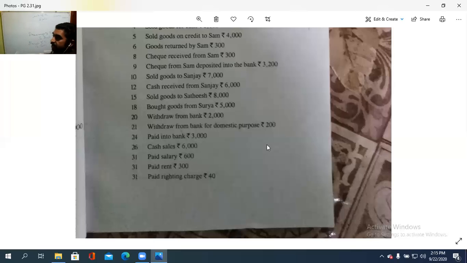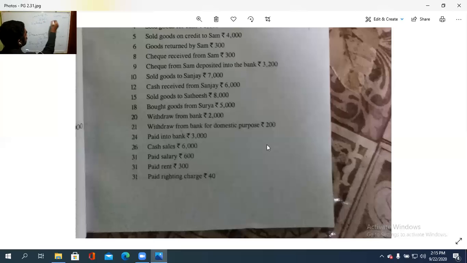Because for the same credit there will be 3 debits, as 3 expenses are there, and what is there in the double entry system? For every debit there will be a corresponding credit, isn't it? So salary paid, rent paid, and writing charges paid are all through cash. So what is the entry?